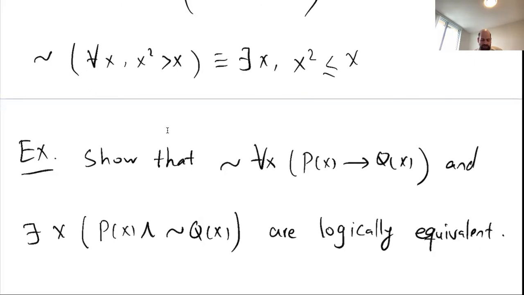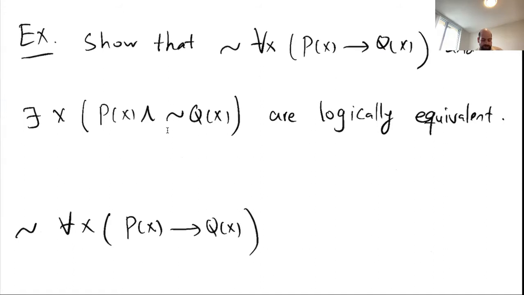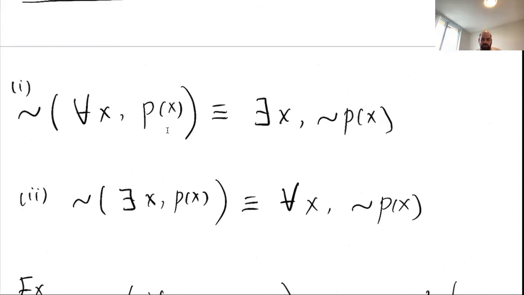We can start, for example, with the left-hand side, which is negation for each x, P of x implies Q of x. So we can start with this and try to get to the right-hand side. So negation of for each x something. So we can use this identity one here: negation of for each x P of x is there exists x with negation P of x.